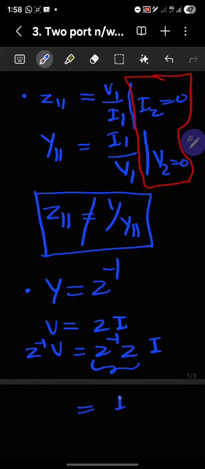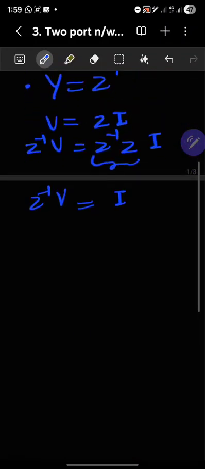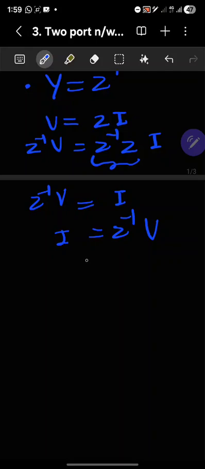Identity matrix is like 1 in our normal arithmetic. So identity matrix into I will become I only. Same logic is applicable here. So this will become Z inverse V. Interchanging RHS and LHS, we get I is equal to Z inverse V. What is our expression for Y parameters?